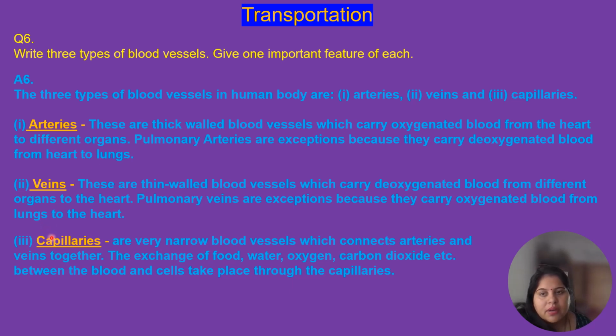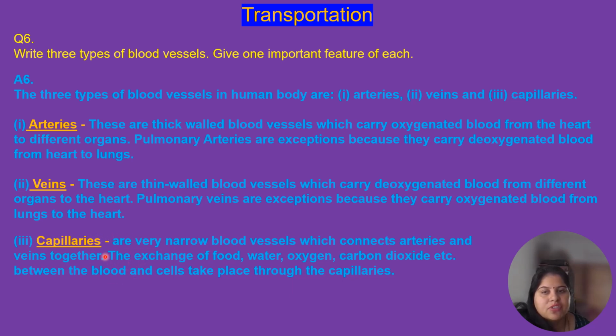Okay. Next type of blood vessel is capillaries. These are very narrow blood vessels, and these capillaries connect arteries and veins together. The exchange of food, water, oxygen, carbon dioxide, etc. between the blood and the cells takes place through these capillaries.